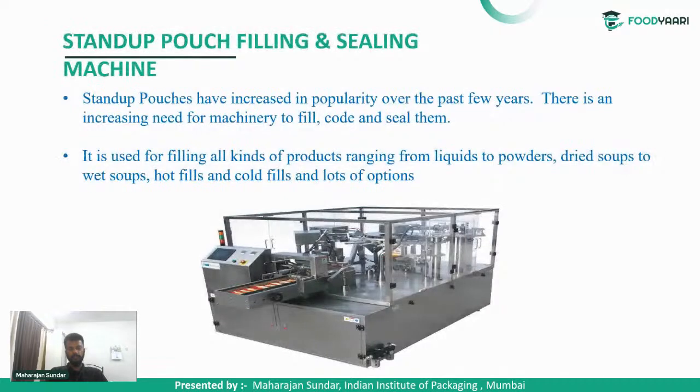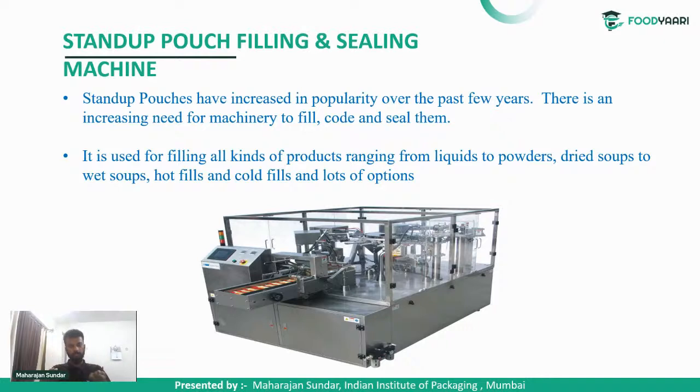And this is an example of a stand-up pouch filling and sealing machine. Making a stand-up pouch is a tedious process. It is an advanced process, and it is very tedious. First, the bottom base will be prepared. The printed material will come.